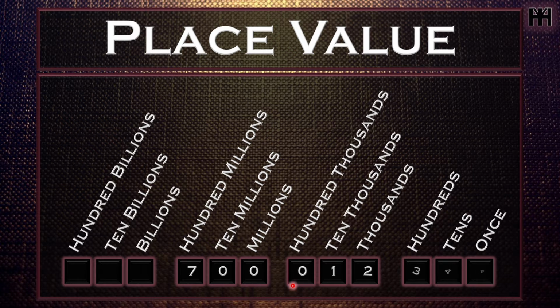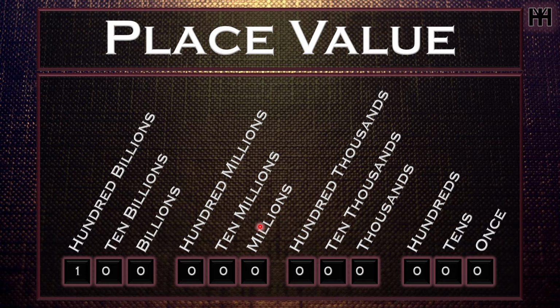Let's see this number. We have 700 millions and 12,344. And here we have 100 billions. If we break the first 3 zeros, we are 4 digits, then we are in the thousands realm.